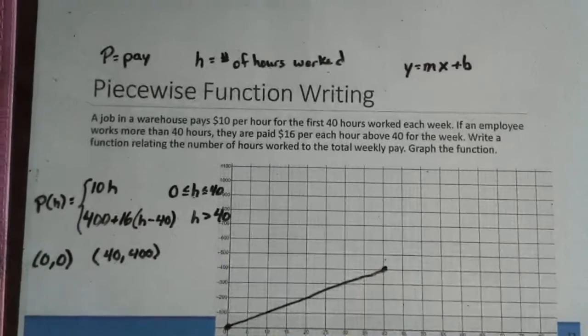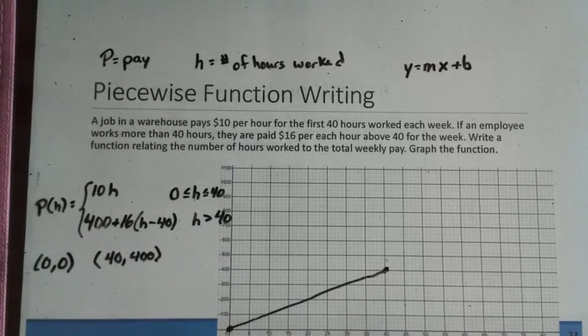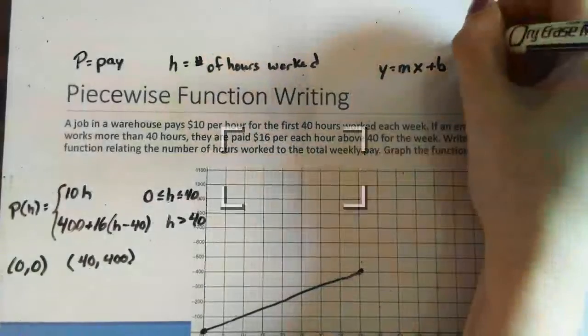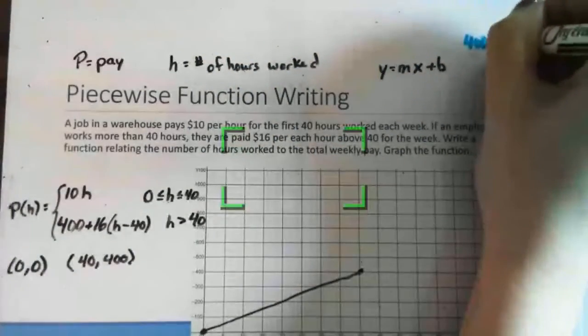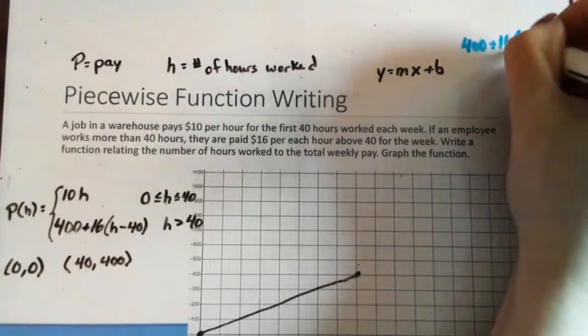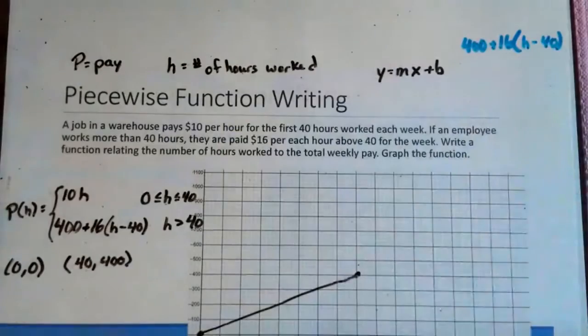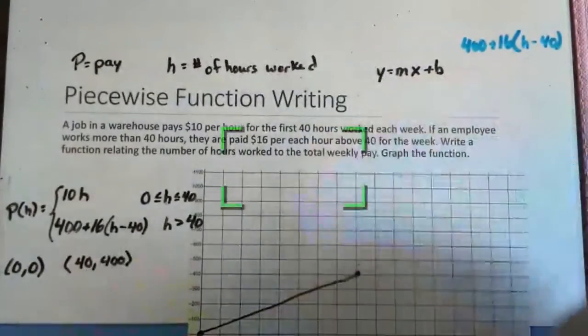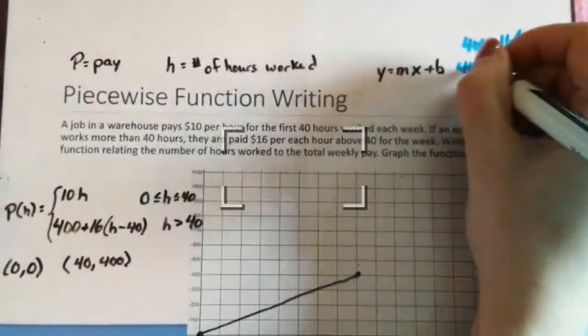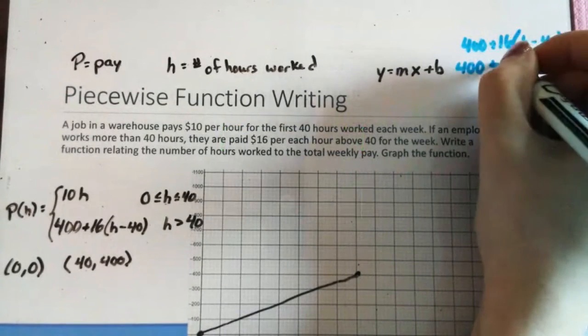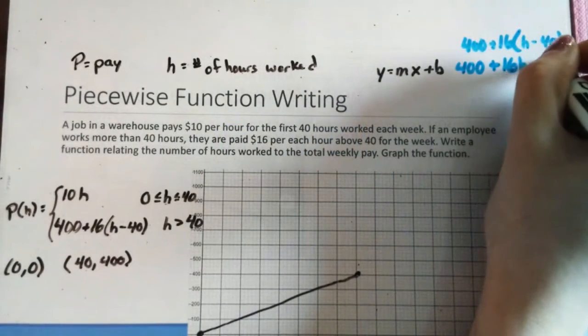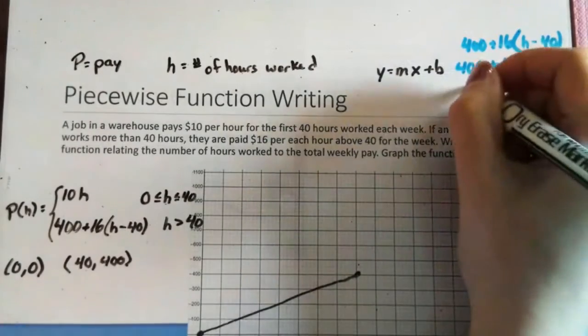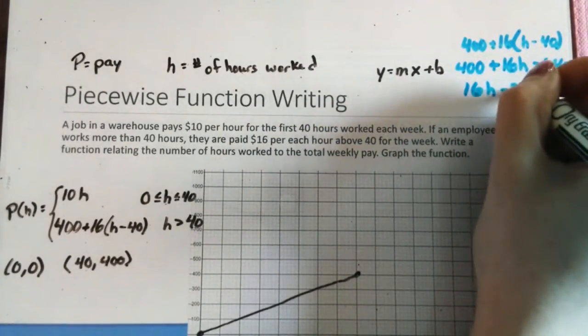This second function looks a little bit more complicated. We have 400 plus 16 times h minus 40. If I take a look at that function a little bit closer, 400 plus 16 times h minus 40, I can distribute through the parentheses. 400 plus 16h minus 640, that's 16h minus 240.